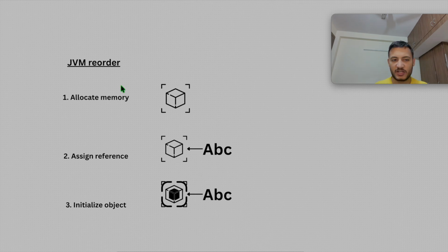In that case, the flow can be allocate memory, then assign the reference, and then initialize the object. Now in this case, a partially constructed object is assigned to a variable. Any other thread executing at the same time can use this uninitialized object, which can cause further issues. So the volatile keyword prevents reordering of instructions in the JVM.